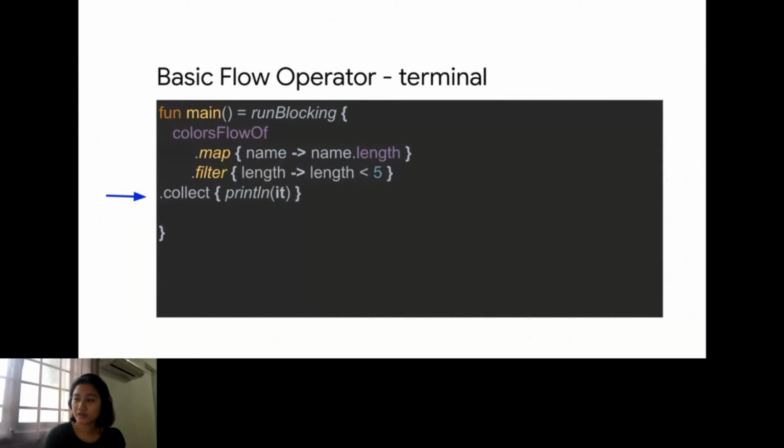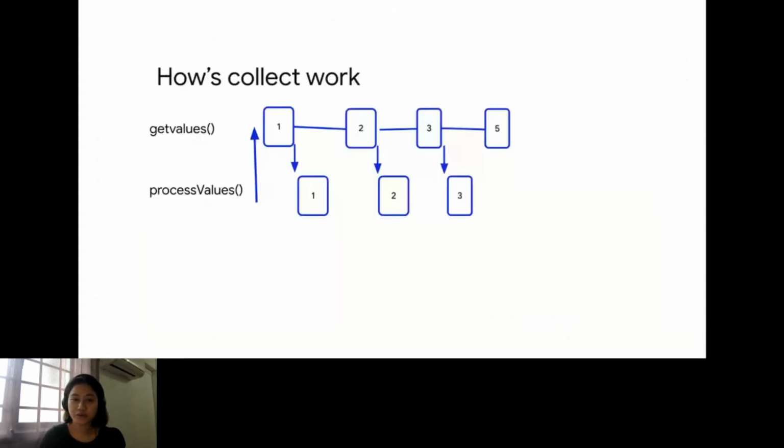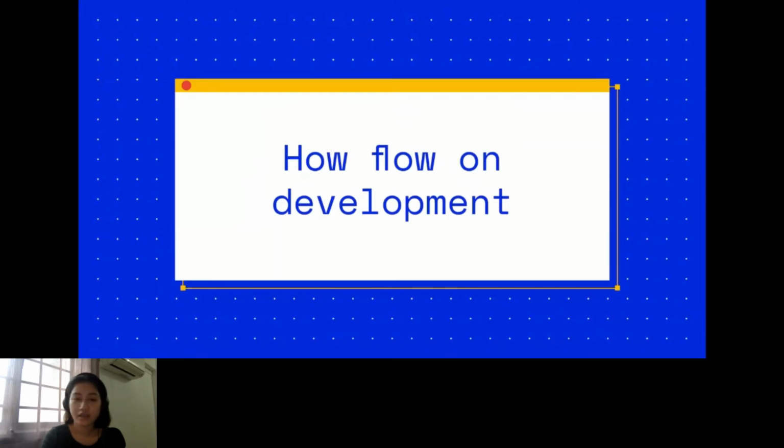As for how collect works, as you start collecting values, you get one at a time, and you don't block while waiting for new values. This is how collect works, and it's key to streams in application development.